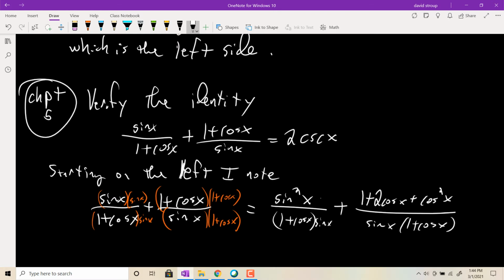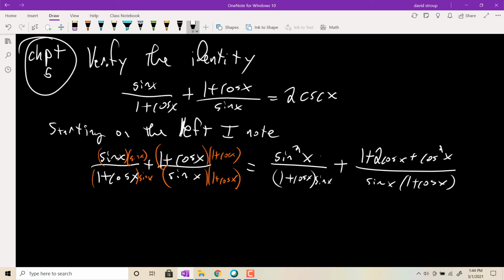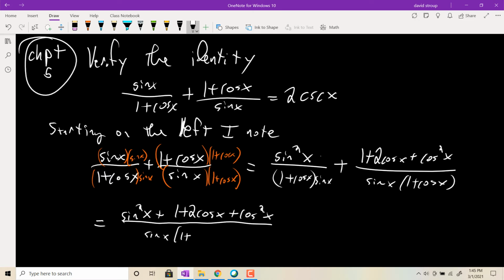Then you can combine the numerators over the common denominator, and you get sine squared x plus 1 plus 2 cosine x plus cosine squared x, all over the common denominator, sine x times 1 plus cosine x.